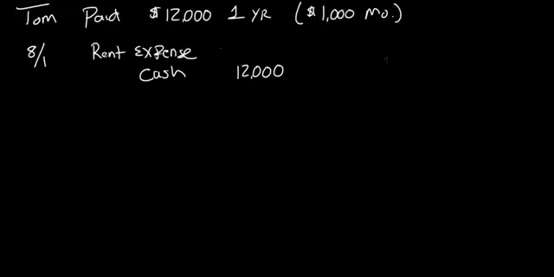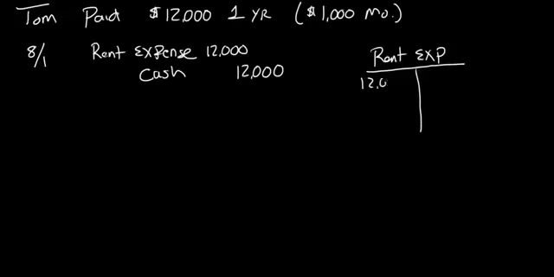So Tom debited rent expense. And so let's put my T accounts in here. We have rent expense, my T account here for $12,000. We have that cash T account of $12,000, and that's this transaction.